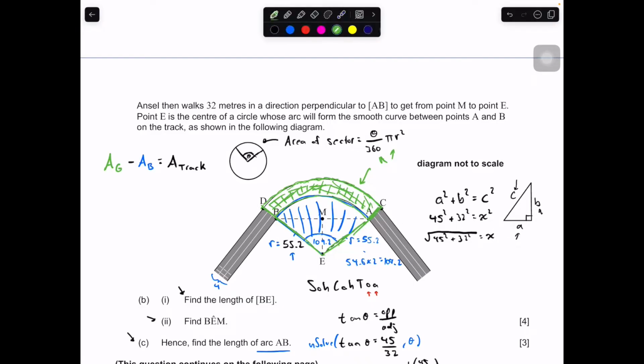So for the area of the green sector, it's going to be 109.2 over 360 times pi, and then what is the radius?